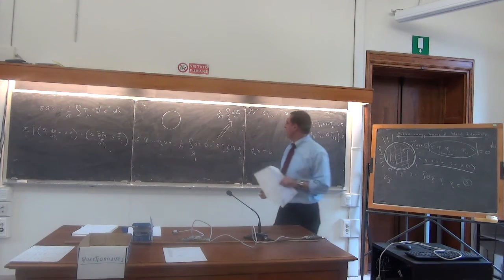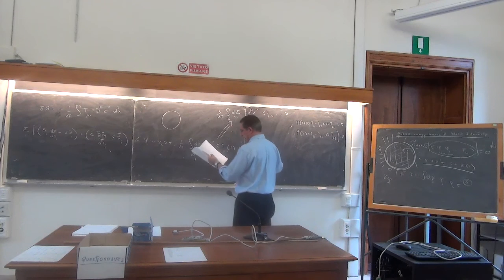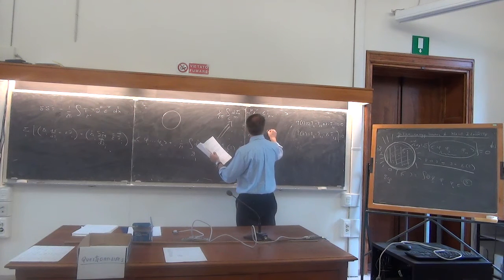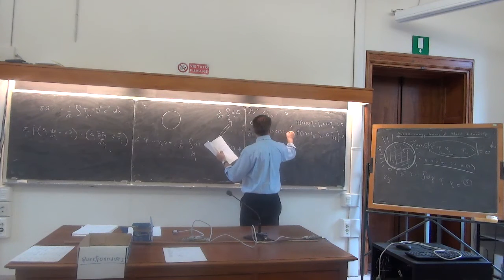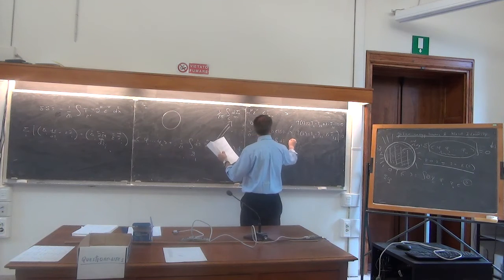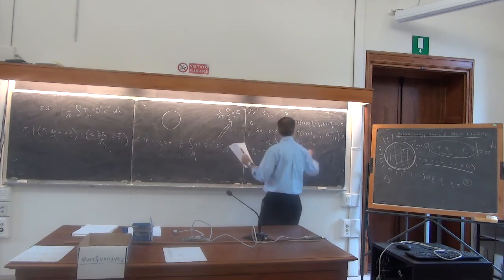So this integral I can write very simply like 1 over 2 pi i contour integral dz of epsilon z, minus 1 over 2 pi i integral dz bar of epsilon bar z bar.